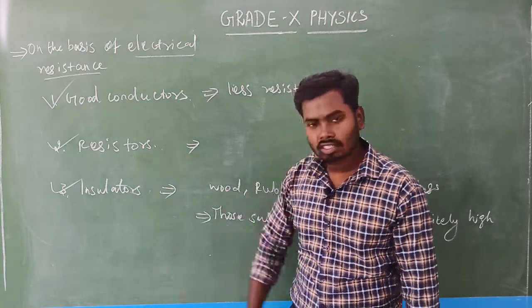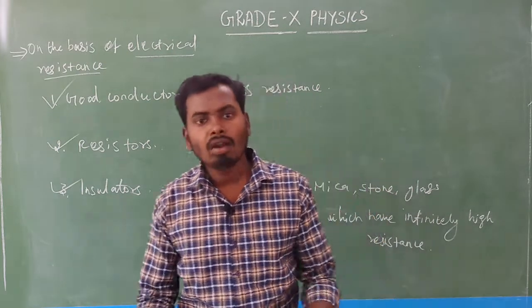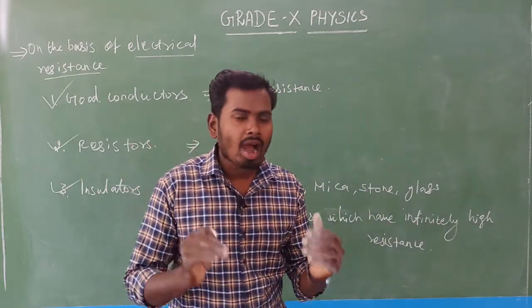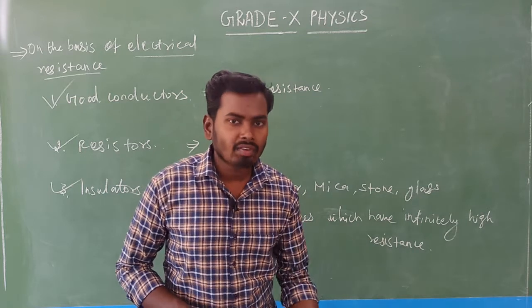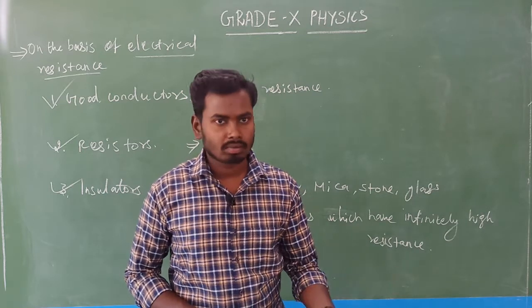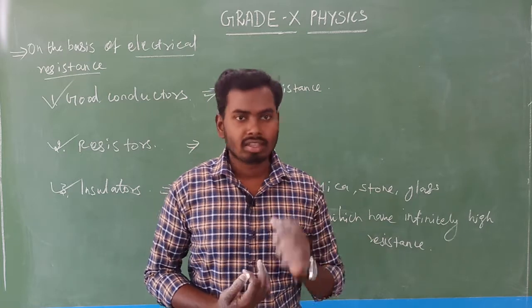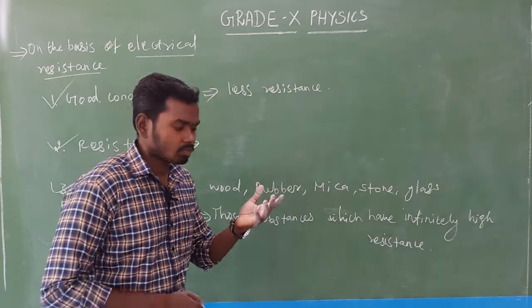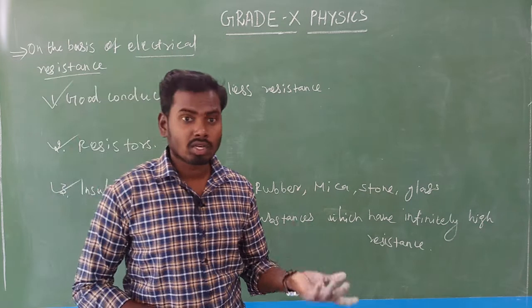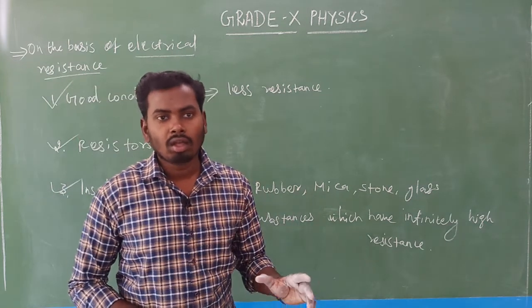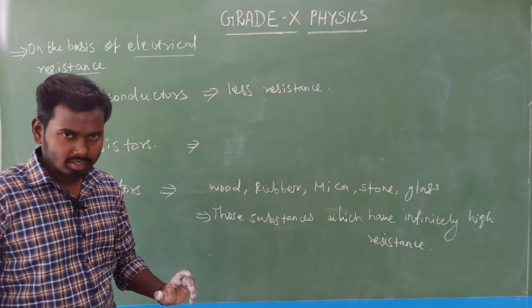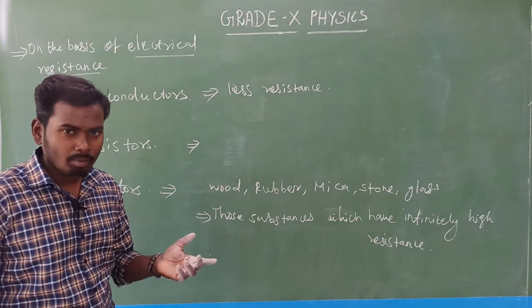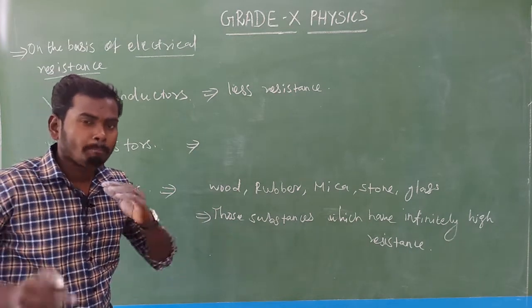So resistors have moderately high resistance, or otherwise we can say comparatively high resistance. For example, nichrome, tungsten, constantan, manganese. They all are under the category of resistors.